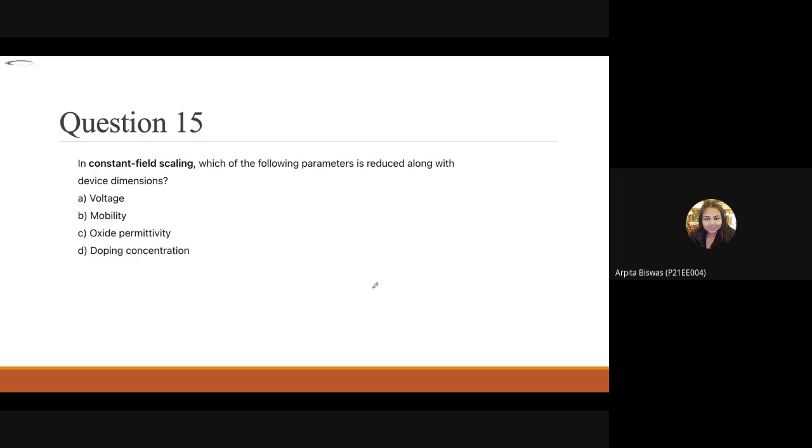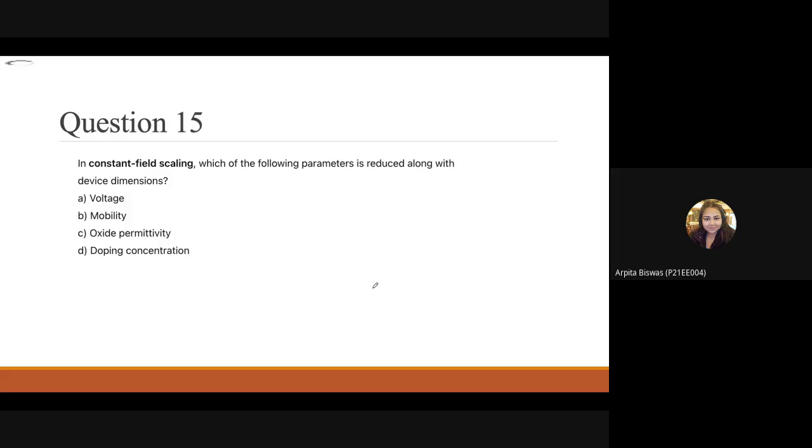Tell me which one is the right option? Option A, ma'am. Yes, option A, voltage is the right option.